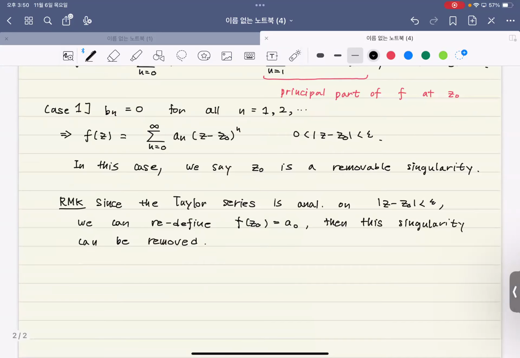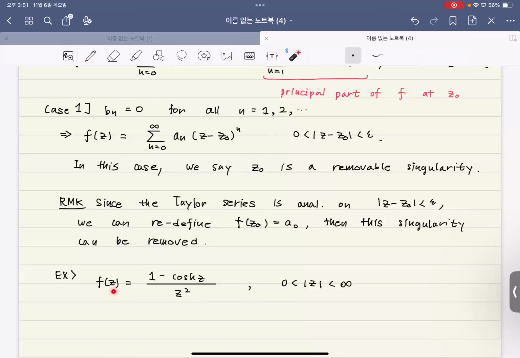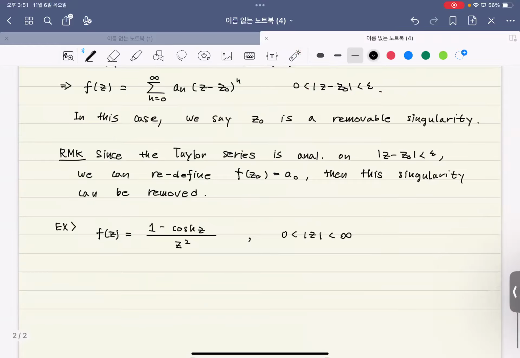So well, what is an example of this? Maybe I can try to consider this function: 1 minus hyperbolic cosine of z, over z squared. Well, clearly, when z equals the origin, your function is not defined because the z is in the denominator. But maybe we can try to find the Laurent series of this function.